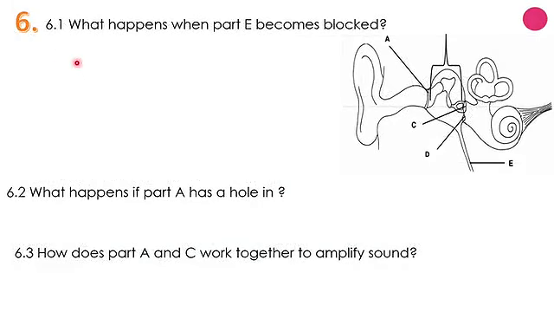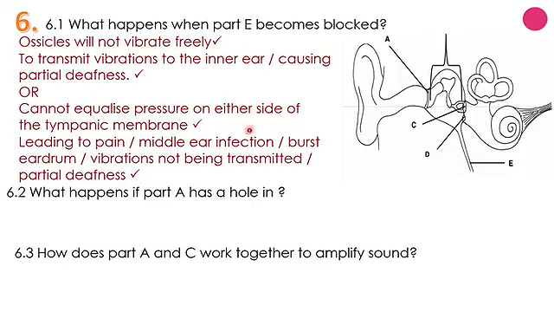A very common question that is asked a lot of time is what happens if part E becomes blocked. For instance, you've got flu, then this area is blocked, and you might have noticed as soon as you've got flu and a runny nose, suddenly you can't hear as nicely. So the problem with that is that our ossicles will not vibrate freely. Why can't it vibrate?